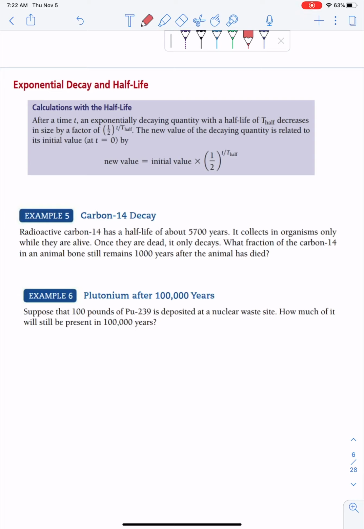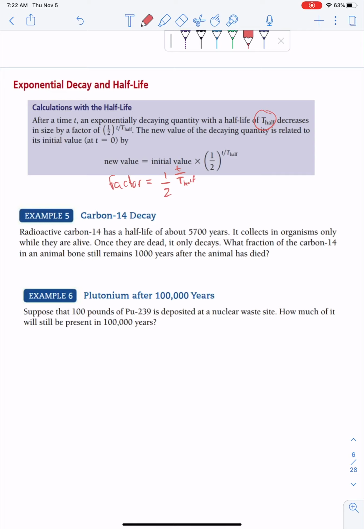So after time t, an exponentially decaying quantity with a half-life of T half decreases in size by a factor. The factor that we're decreasing by is 1/2 raised to the t over big T half. So it's just like the doubling, but we're not going up by a factor of 2. We're going down by a factor of 1/2.